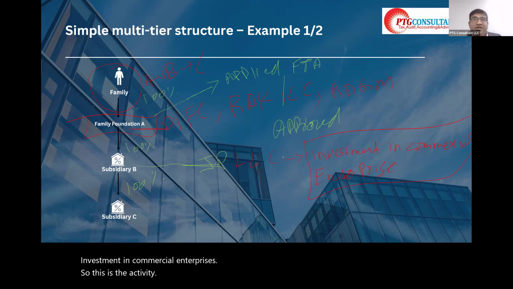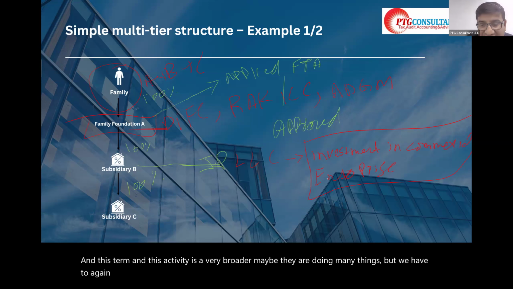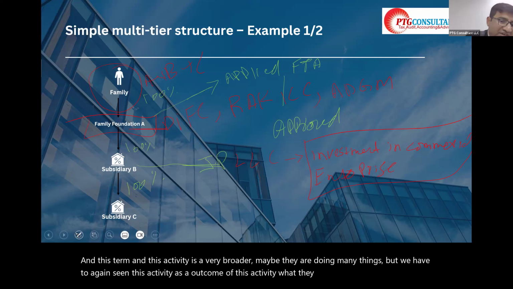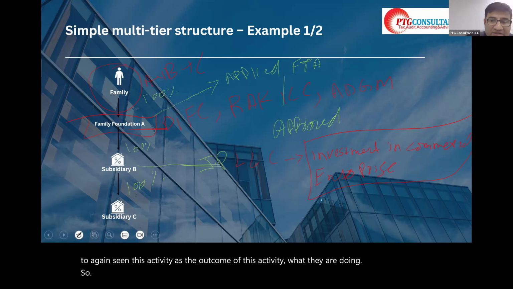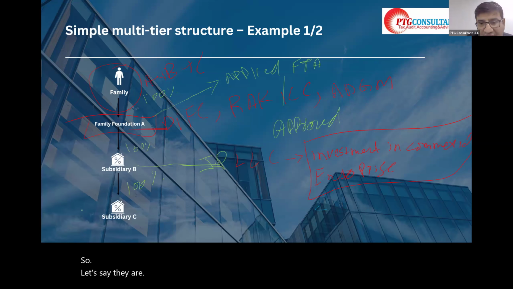This term and this activity is very broad. Maybe they are doing many things. But we have to see the outcome of this activity, what they are doing. Let's say they invest in properties.